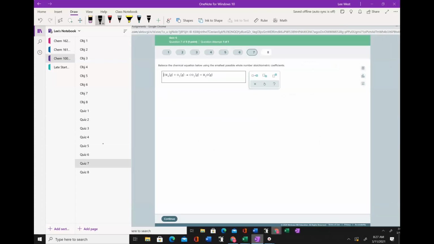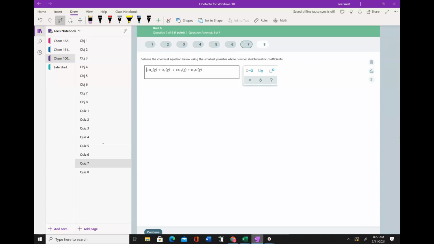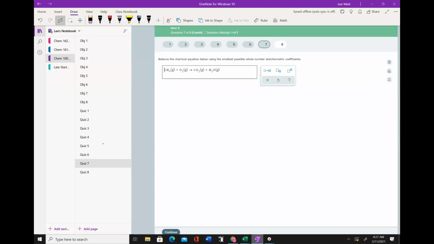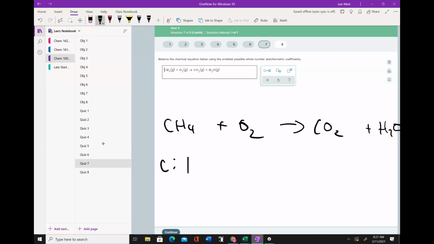Okay, now we've got to balance this chemical equation. This is a combustion reaction, and it has a diatomic element in there, so it could potentially have interfering coefficients. So CH4 plus O2 gives CO2 and H2O. Carbon, we've got 1 on the left and 1 on the right.